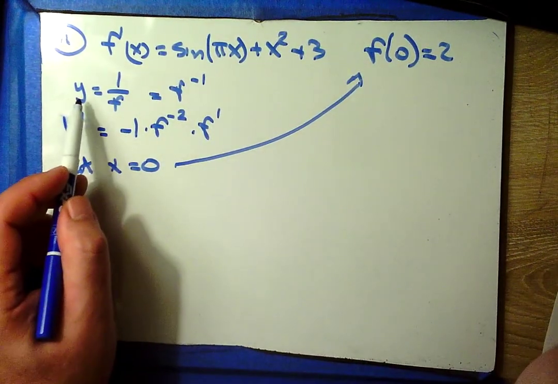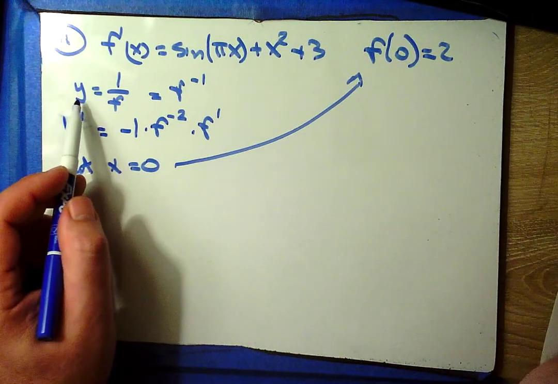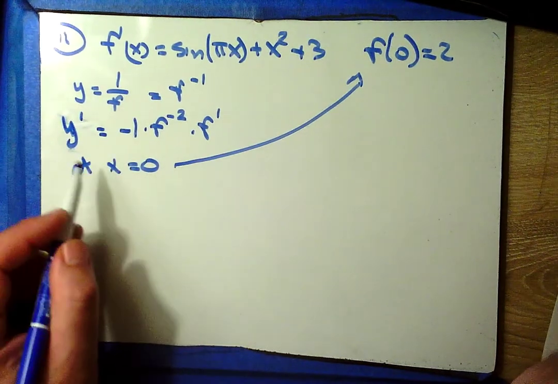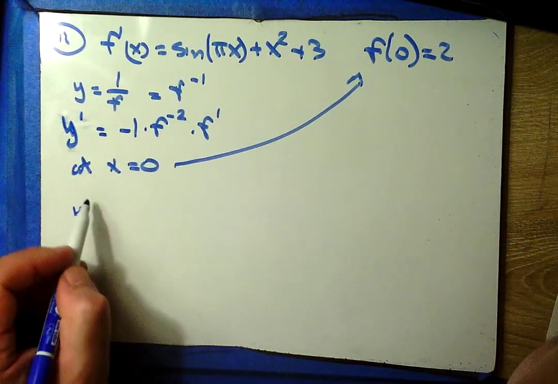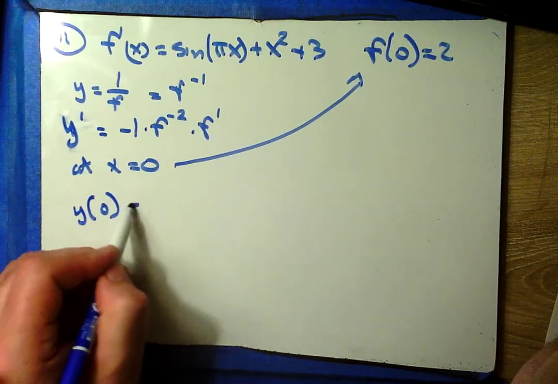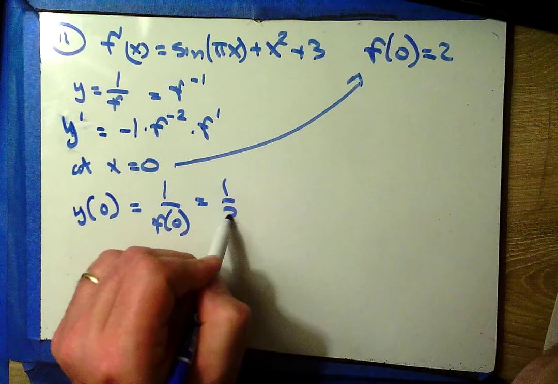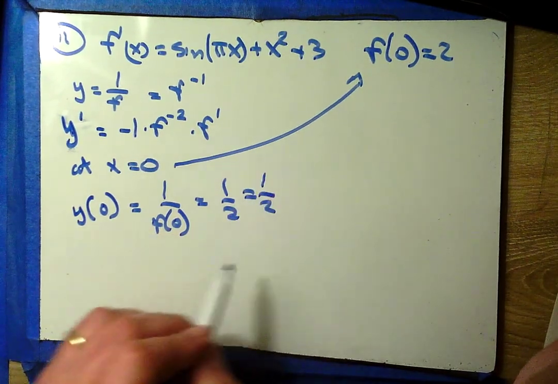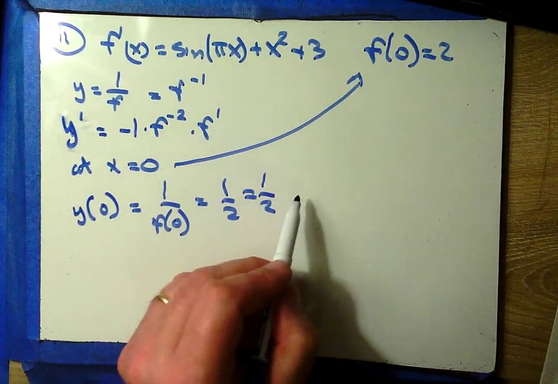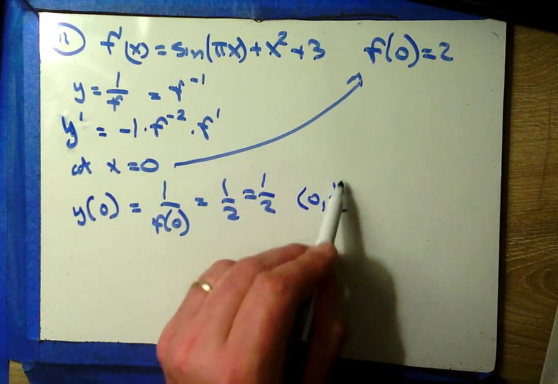I'm asked to write the tangent line to y, which is 1 over f. So y of 0 is 1 over f of 0, which is 1 over 2, or 1/2. So my ordered pair is 0, 1/2.